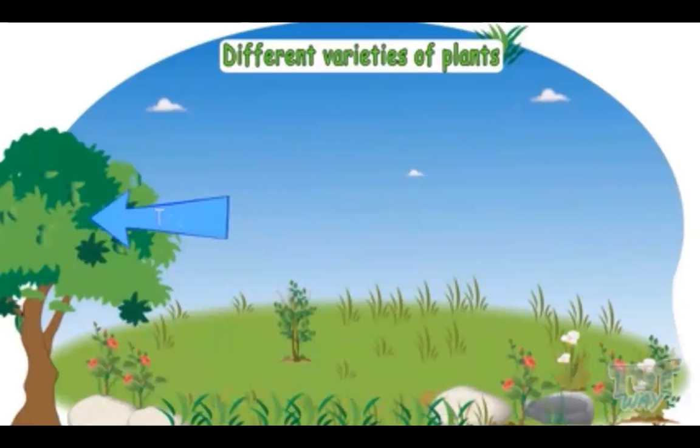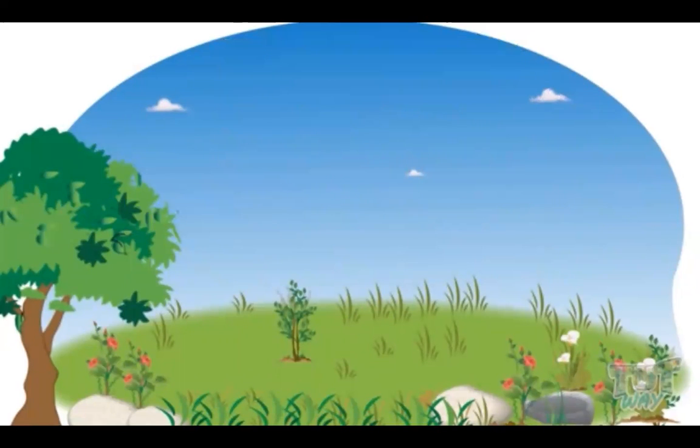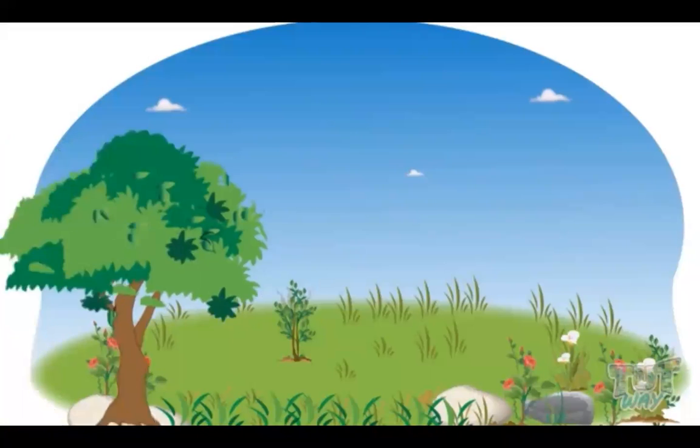These are trees. These are just so big. So kids, there are so many different types of plants with different sizes. Let's study about each type of plant one by one.